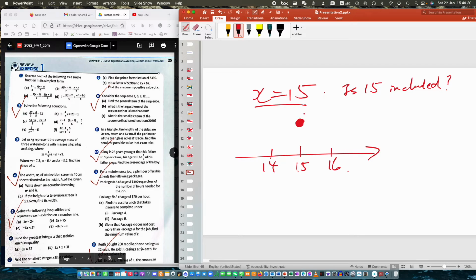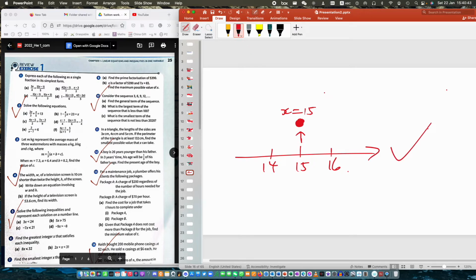So x equals 15: that means I don't need to show this, and I also don't need to show this. If you want to represent x equals 15, this is the figure. You compare mine to yours.